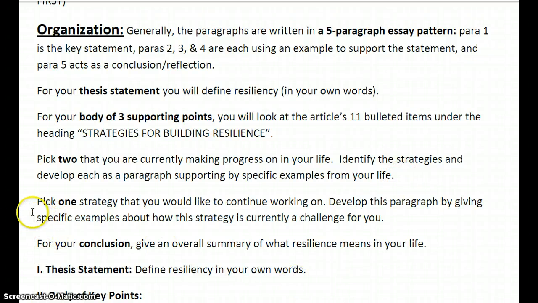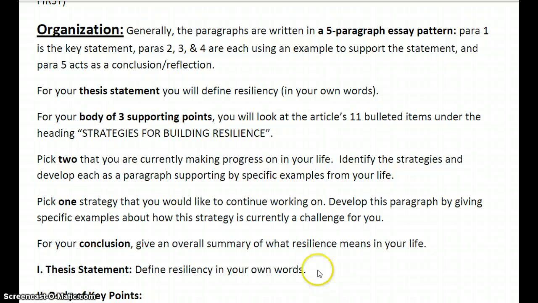Then you will pick one strategy that you would like to continue working on. Develop this paragraph by giving specific examples about how this strategy is currently a challenge for you. For your conclusion, give an overall summary of what resilience means in your life.